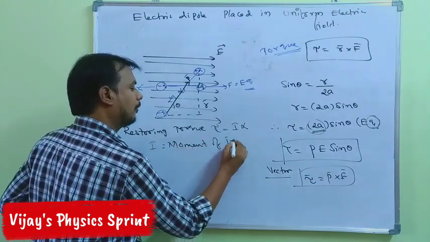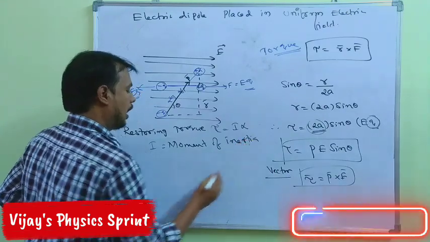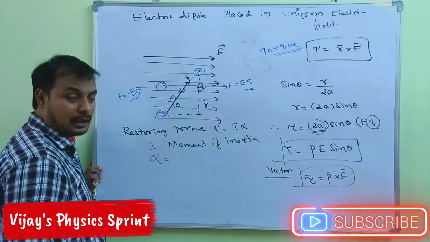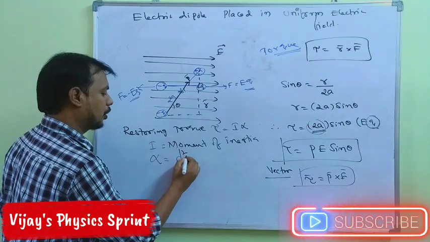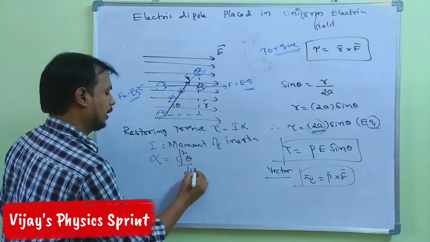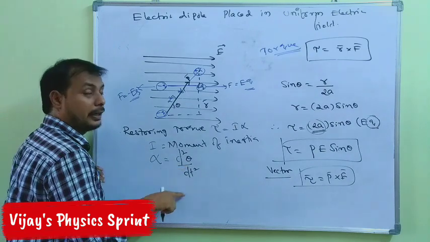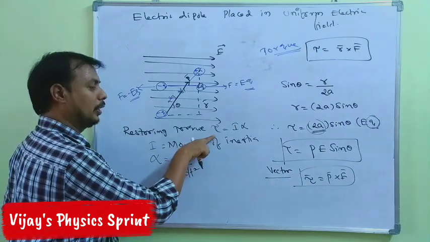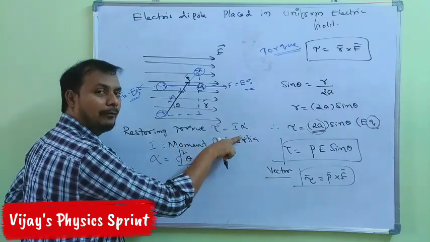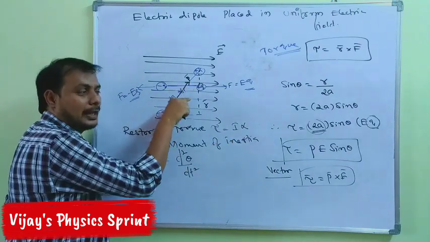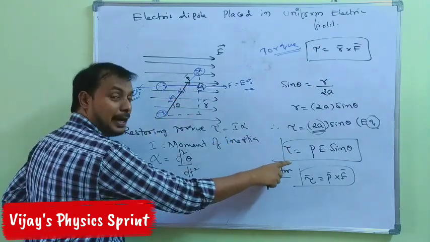And alpha is the angular acceleration. What is angular acceleration? d square theta by dt square, the second order differentiation of angular displacement. So the restoring torque is tau equals I alpha, and the torque on the electric dipole is tau equals pE sin theta.